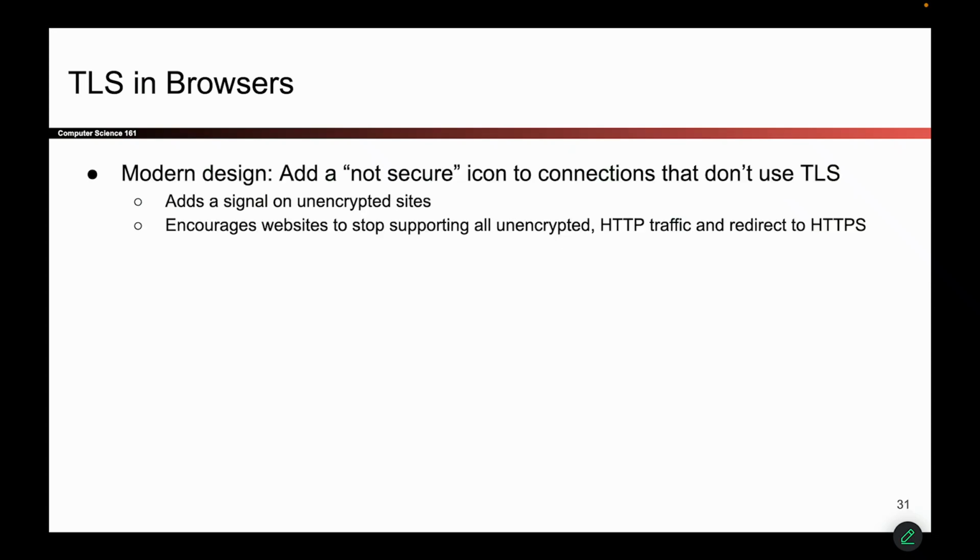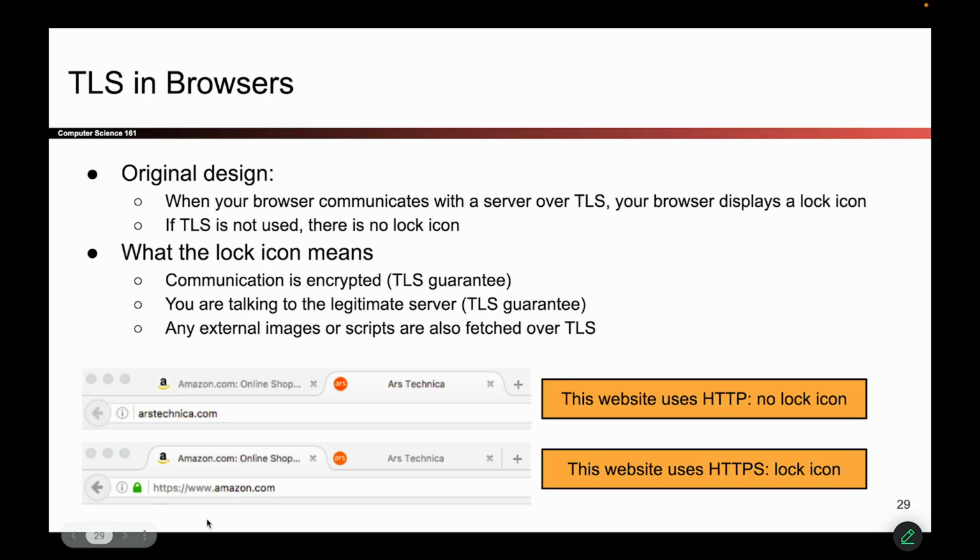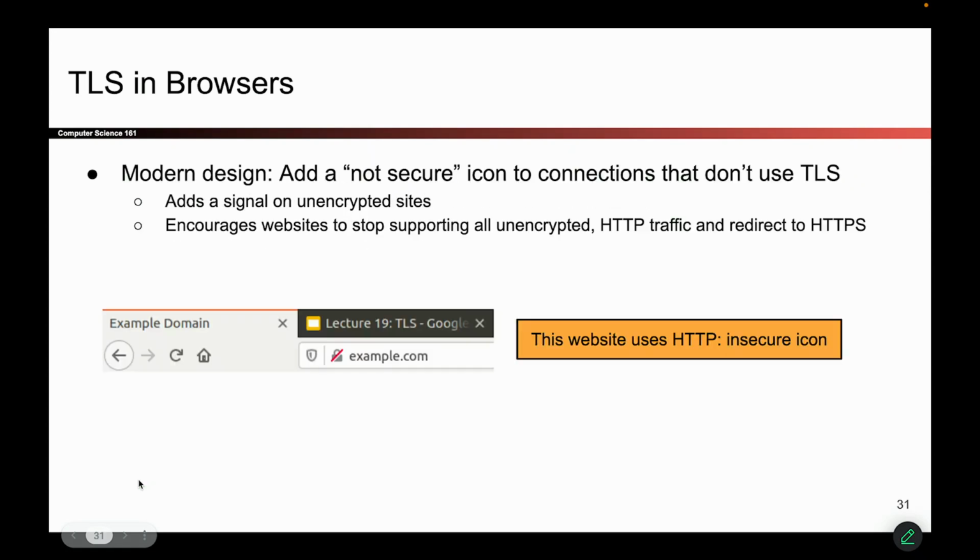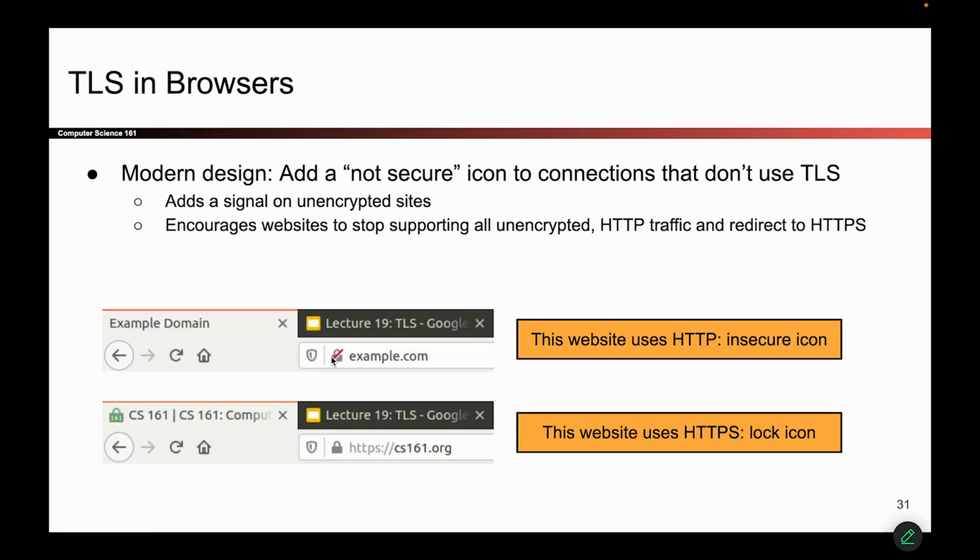Now, fast forward to the present day, the modern design of browsers is actually a little bit different. Originally, remember that no TLS meant you don't get any icon, and TLS means you get a lock icon. So that was the original design. Now, if you look at a modern browser, the design has actually been flipped.